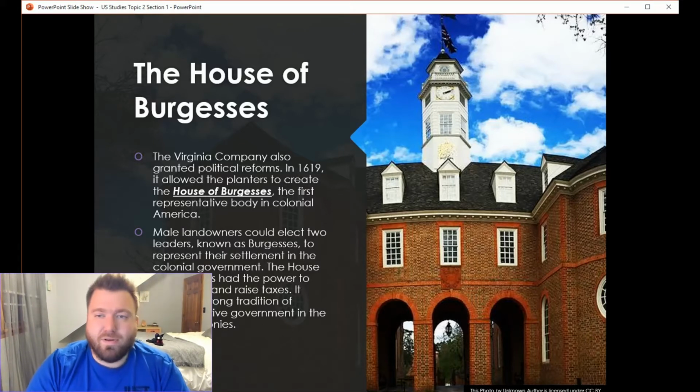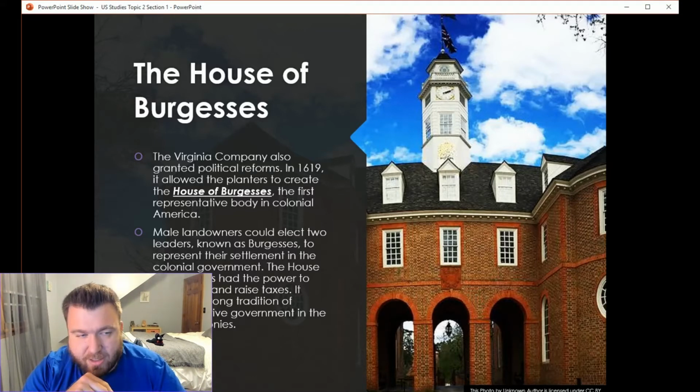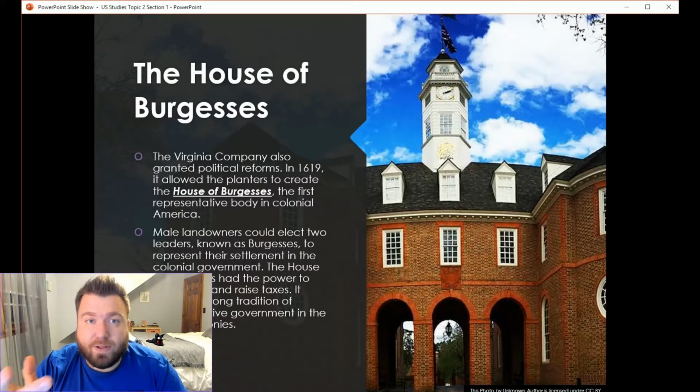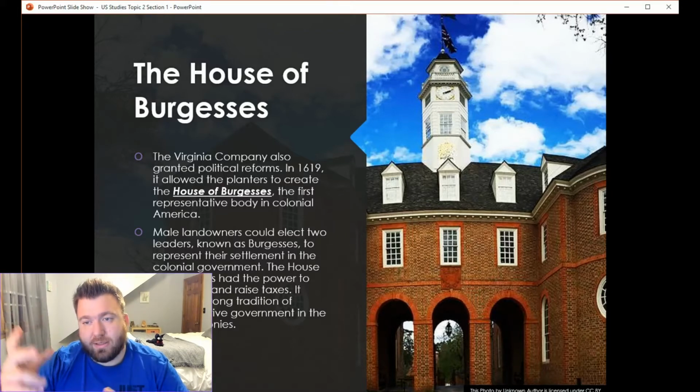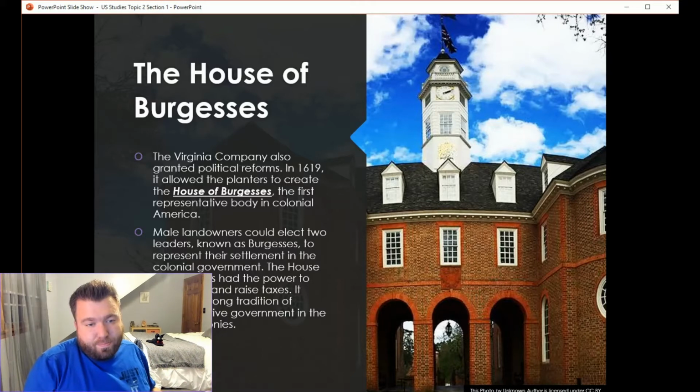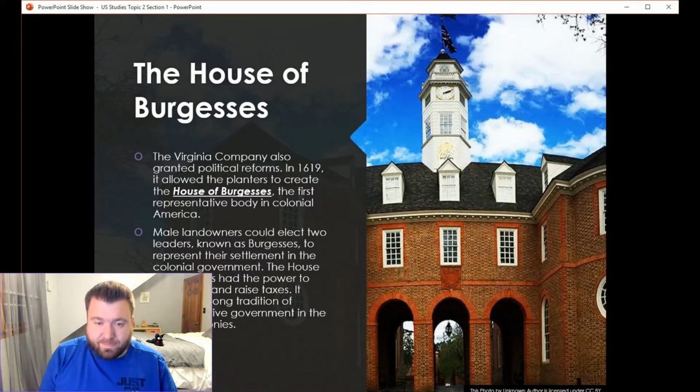Where else do we have two people from each state that are elected by the people of that state to go and represent them? That's how the Senate is set up. You know, the current Senate that we still have today. It can trace its pattern back to this House of Burgesses.